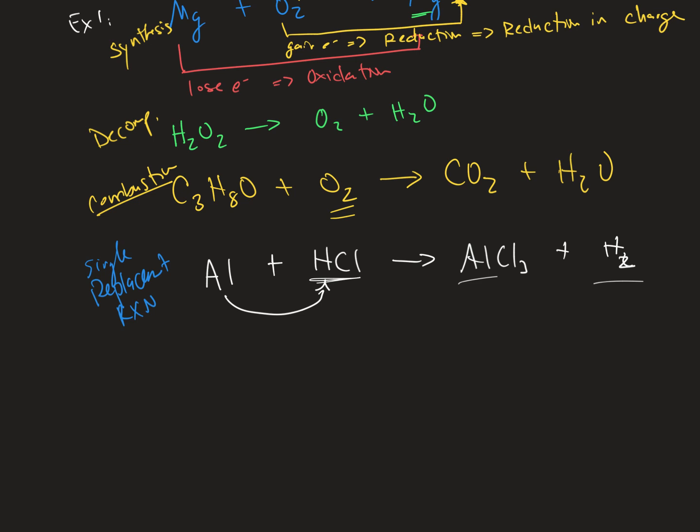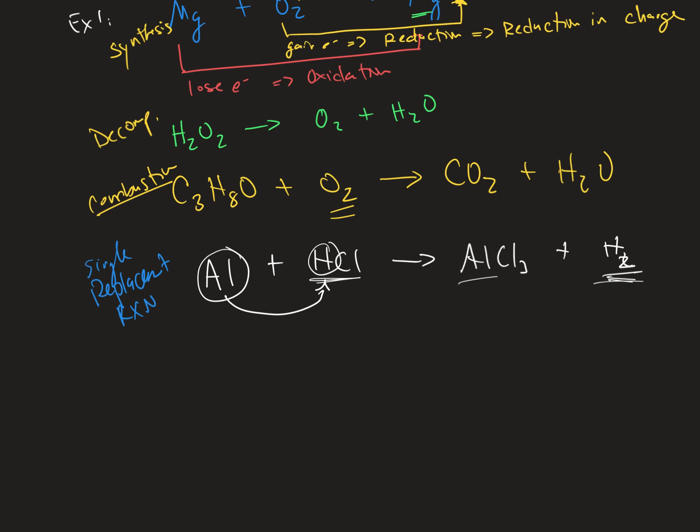Can you go over again why that one is single replacement? Yeah. So this guy's not being replaced. He's replacing hydrogen. You with me? And then hydrogen is all alone, kind of like aluminum was. So this hydrogen got replaced. There's just one element in one compound that gets replaced.